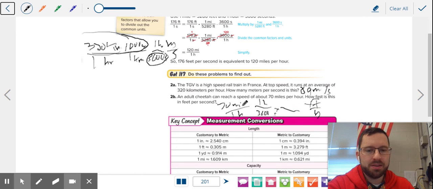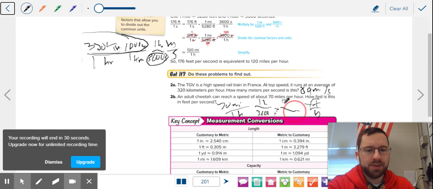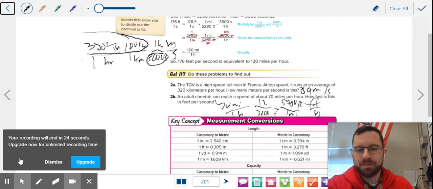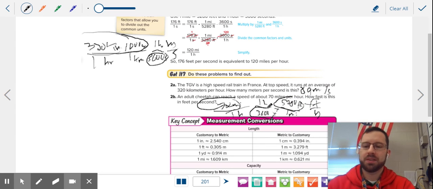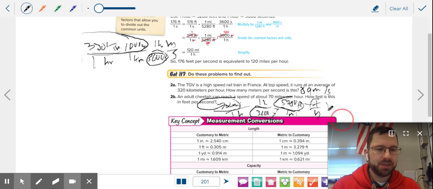Now, for feet, miles to feet, it's 5,280 feet in 1 mile. Okay, so there's 2 numbers on top, 70 and 5,280, and 3,600 on the bottom. Divided by 3,600, and I get 103 rounded feet per second. Whoops, if I can write 103. I'm out of room.